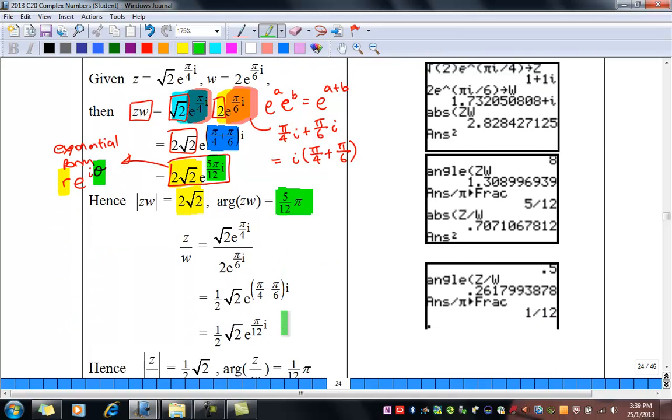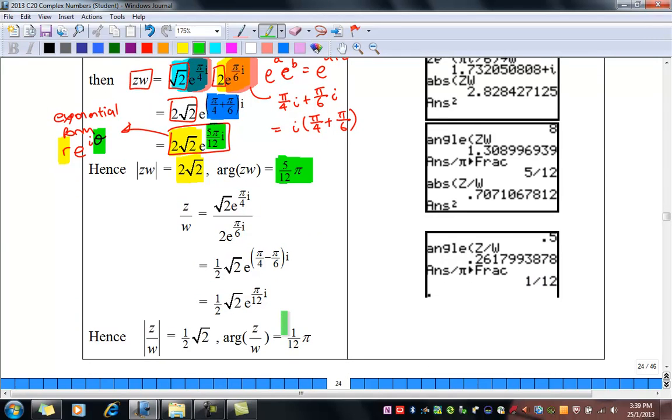On the other hand, we could also calculate the same thing for z over w, and using the same properties, now I am going to take z divided by w, so I'm going to divide the two constants, which gives me root 2 over 2, or half root 2, and that tells me that the modulus of the new complex number is half root 2.